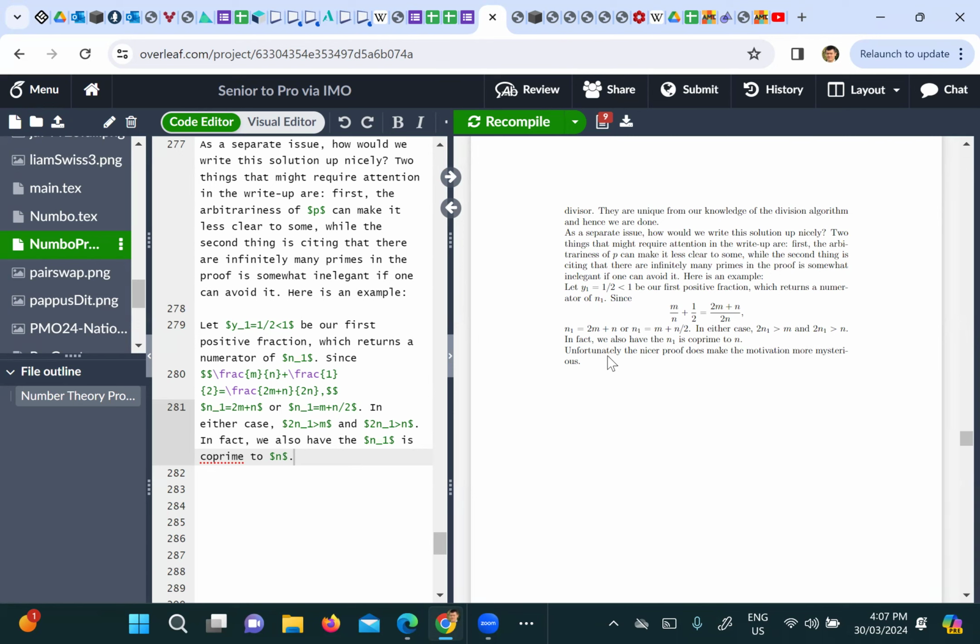Now q is greater than n, and q is greater than m, as well as q is co-prime to n, right? Yes?